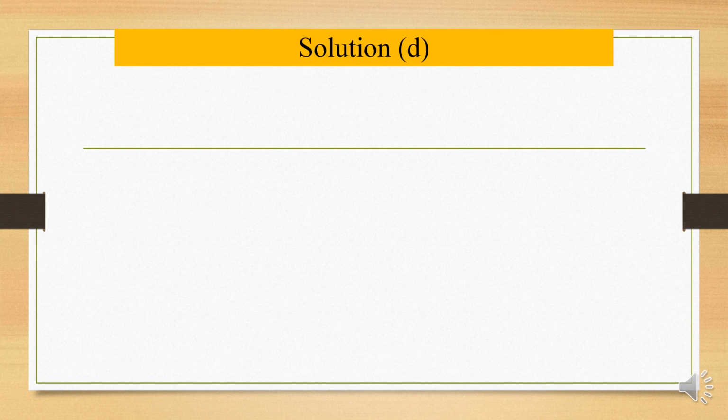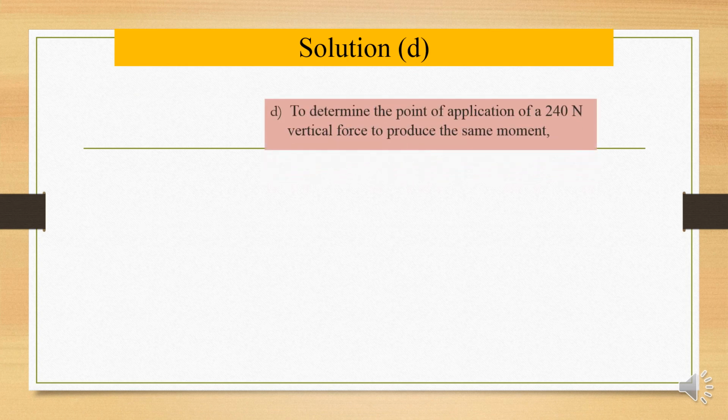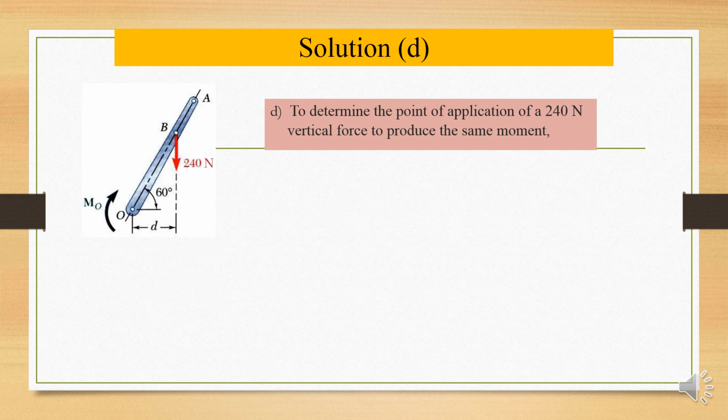Now let's move to question D, in which we need to determine the point of application of a 240 Newton vertical force to produce the same moment as A, B, and C. We know that the moment we produced before is a negative moment, with a value of negative 12 Newton meter.